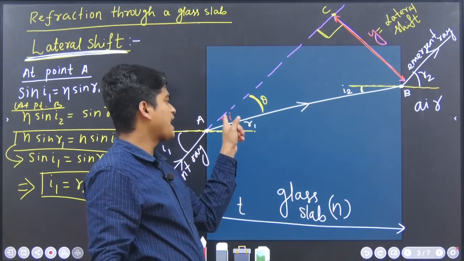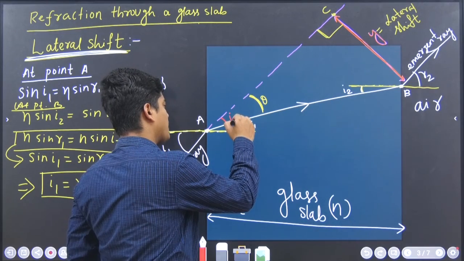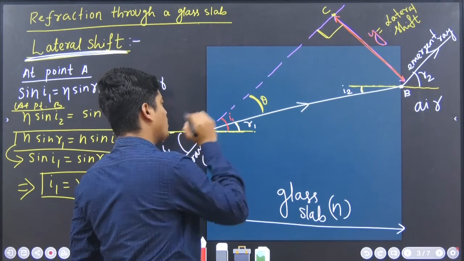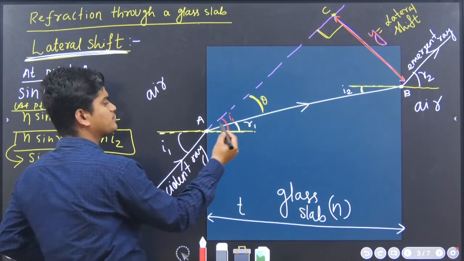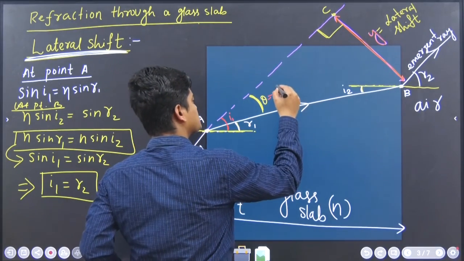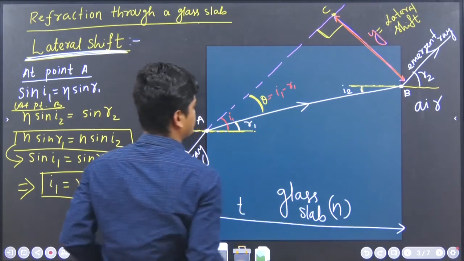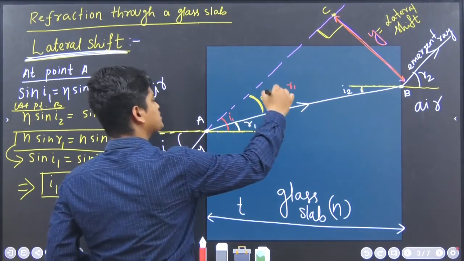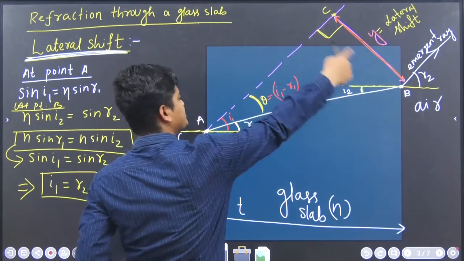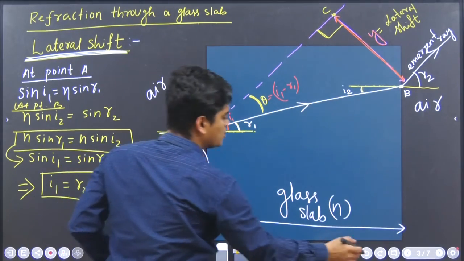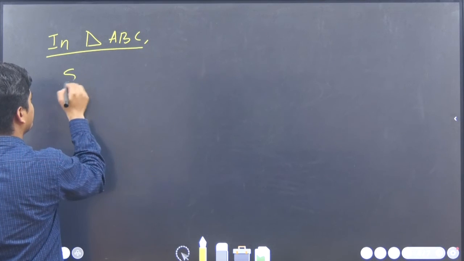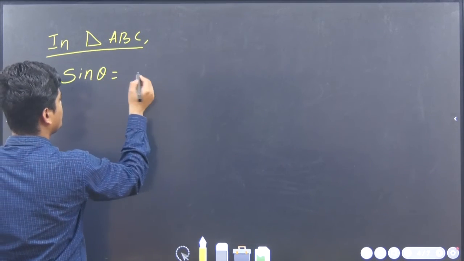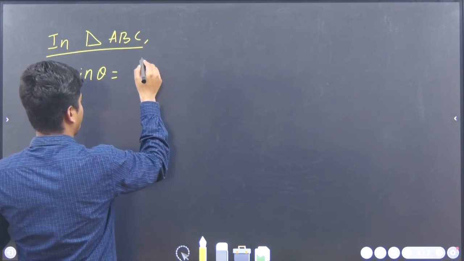So this total angle is actually I1. Okay, because these are opposite angles, so this total angle will be I1, and theta is nothing but how much? I1 minus R1, and this theta is actually this ABC triangle theta. So here in triangle ABC, what is my sine theta? That will be perpendicular.